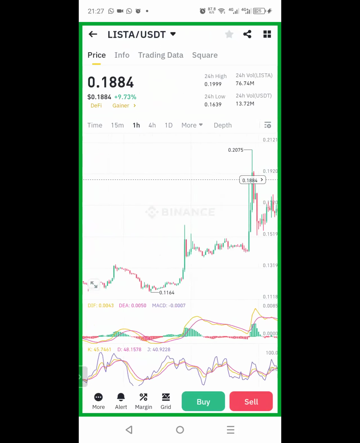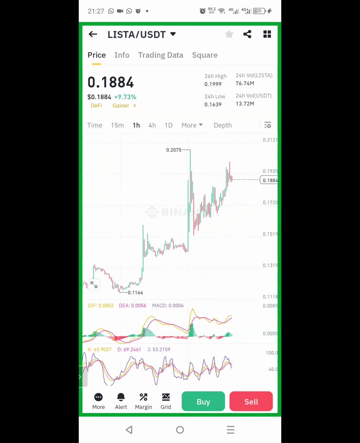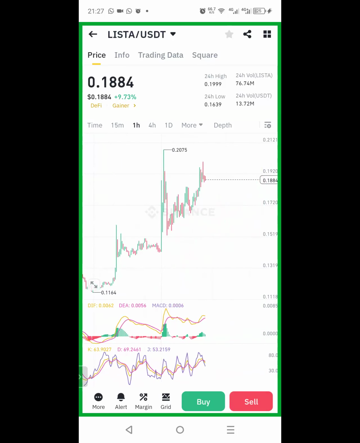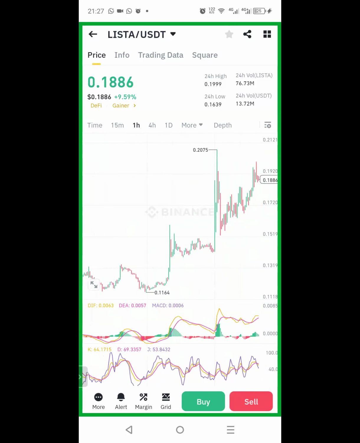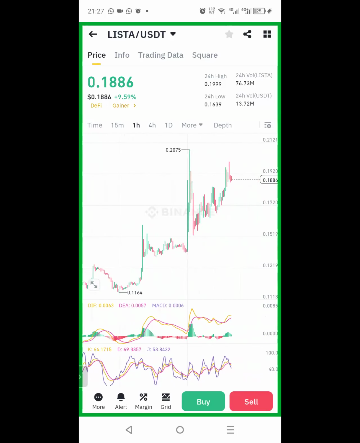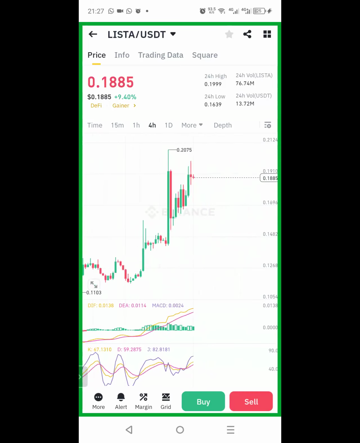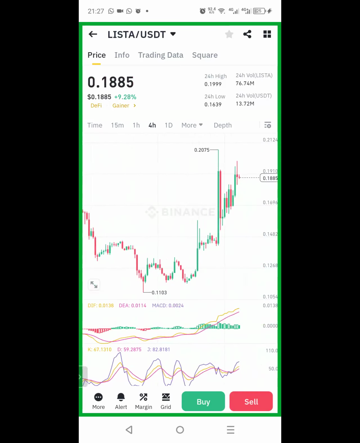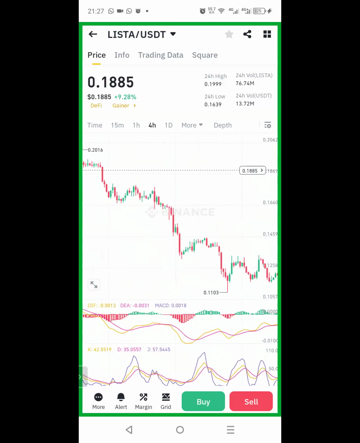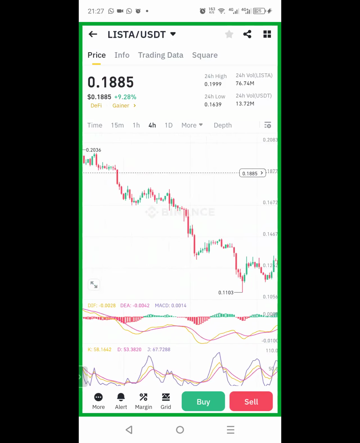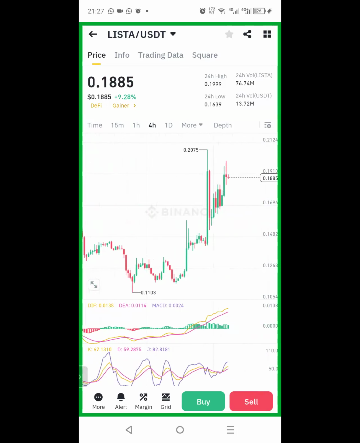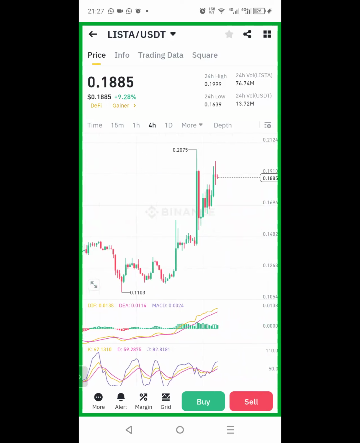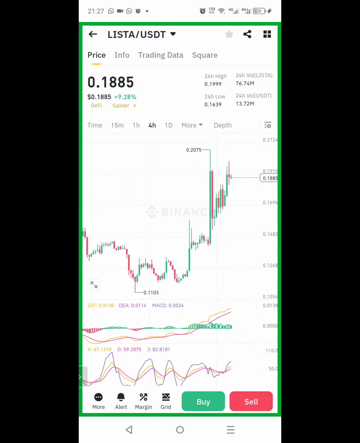So this particular coin, this Lister to USDT, although this is 1 hour time frame, let me put it at 4 hour. This coin has experienced some downtrend movement recently, but now I think it's going on an uptrend.